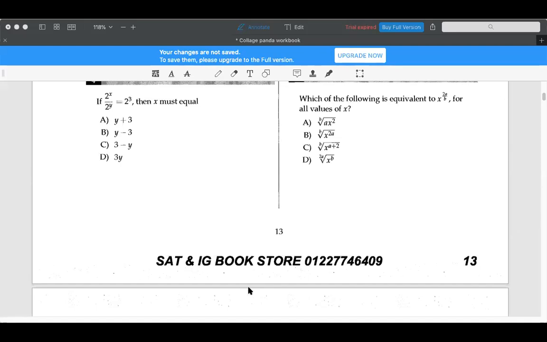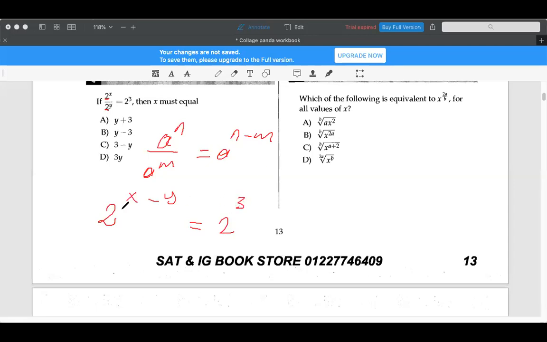It must be finished, it's easy. Okay, one more time, let's go. Division rule: a to the power of n divided by a to the power of m is a to the power of n minus m. So, base is 2, base is 2. 2 to the power of x minus y equals 2 to the power of 3.